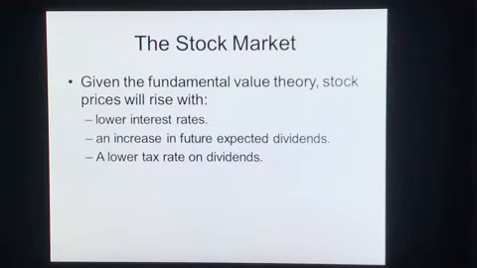According to the fundamental value theory, the stock price will rise with three different factors. The price will rise if the interest rate is low. The price of the stock will rise when the expected future dividends increase, and with a decrease in the tax rate on dividends, the value of the stock will increase.